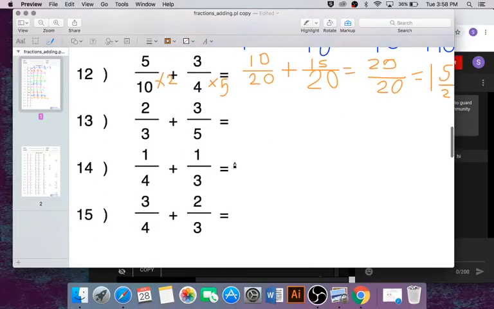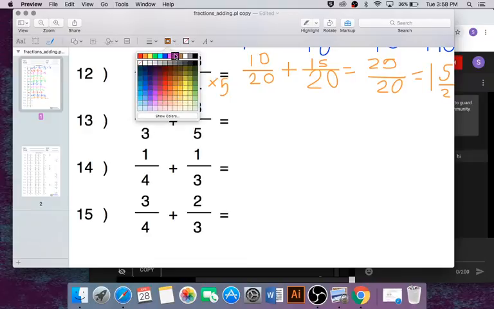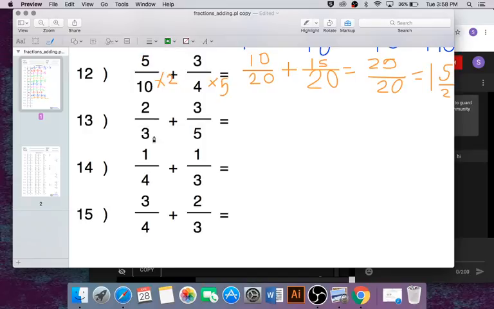Okay, we're going to do one more. So we have 2 over 3 plus 3 over 5. The number that goes into both 3 and 5 is 15.